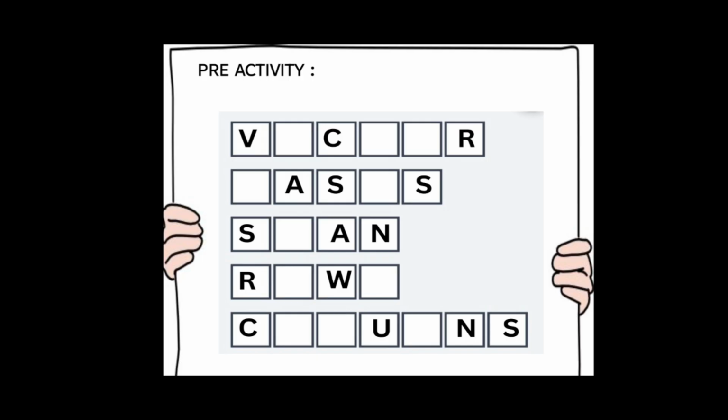So, it is vector. The next is bases. Next is span. Next, rows. And last is, very good, columns. So, thank you for participating.